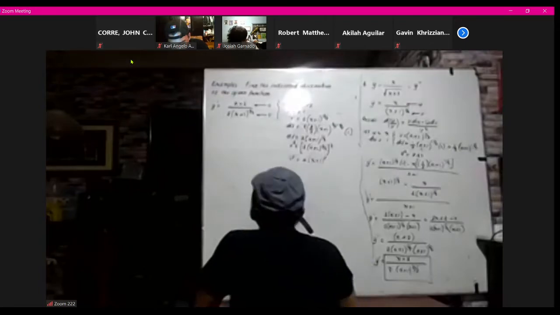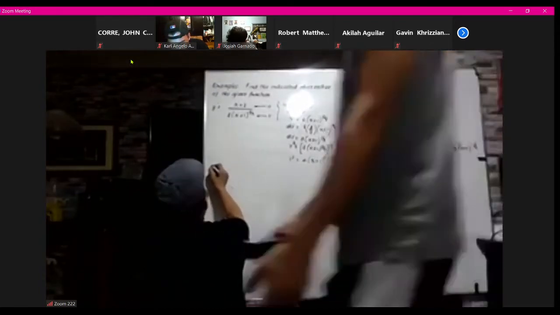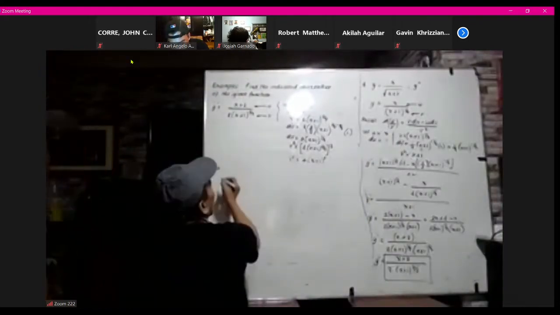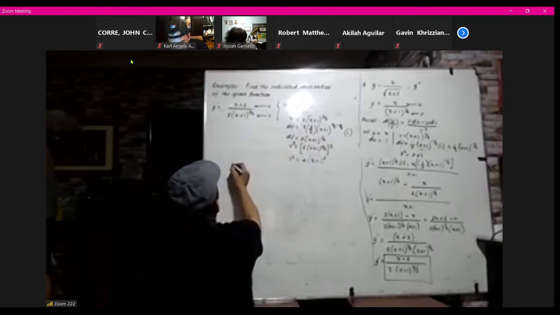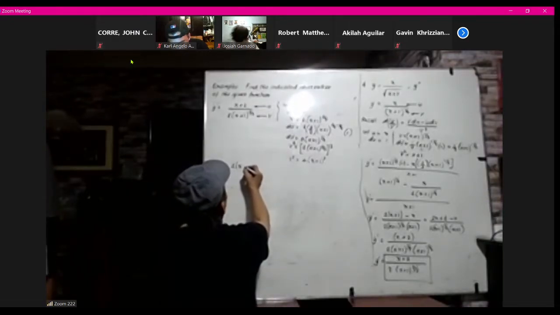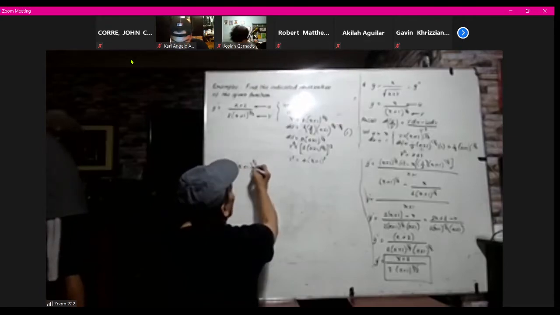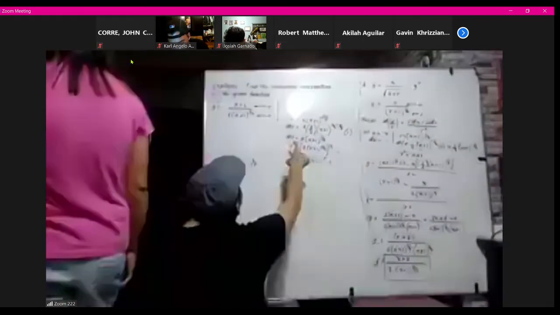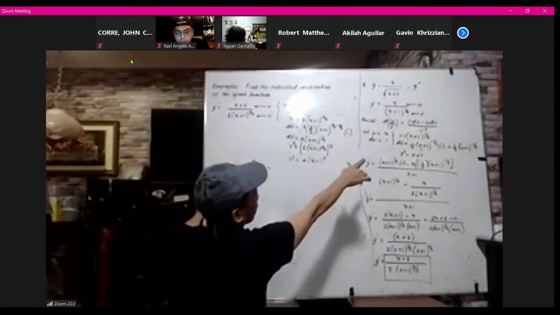Okay? So again, substitute natin sa formula. Second derivative of y. Start tayo sa v. Ano yung v natin? Ito, 2 times x plus 1 raised to 3 halves. Then, multiplied by du. Anong du natin is 1. Minus, ano yung u natin?